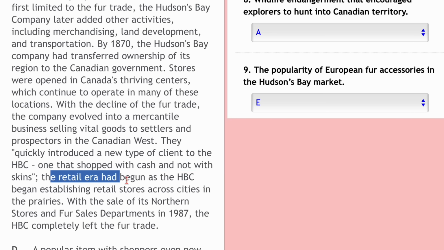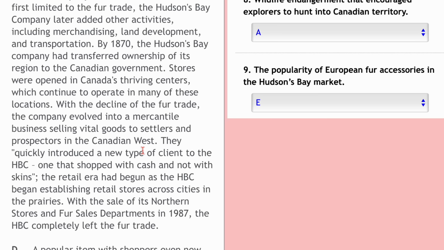The retail era had begun. As the HBC began establishing retail stores across cities in the prairies, Alberta, that's where I'm from, in the prairies. With the sale of its northern stores and fur sales departments in 1987, the HBC completely left the fur trade.